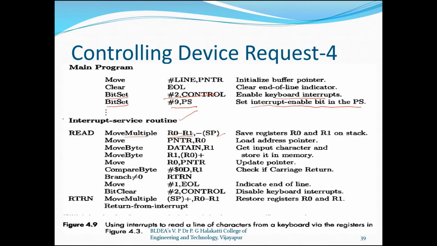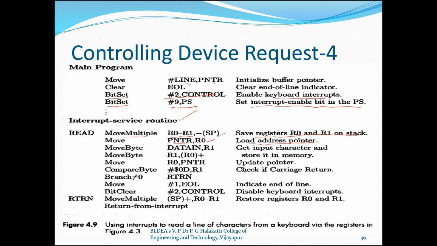The values stored in R0 to R1 should not be distorted, so we save them on top of the stack using Move Multiple. And now we are saying move the content of the PNTR variable to R0. That is nothing but loading the address of the pointer.